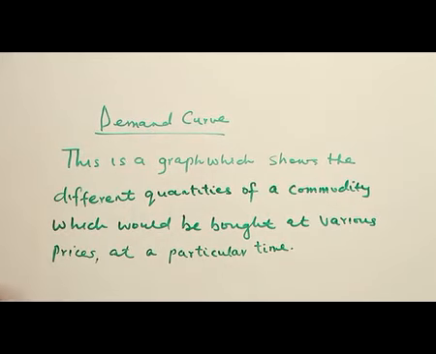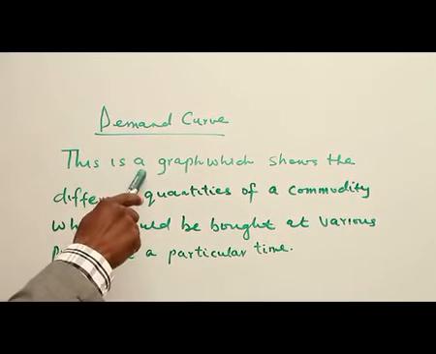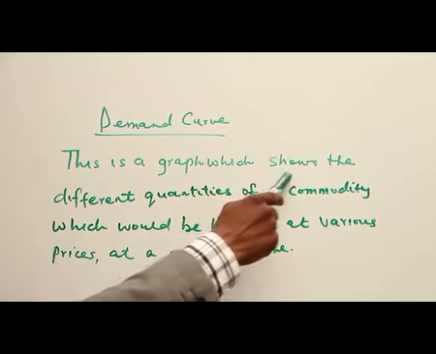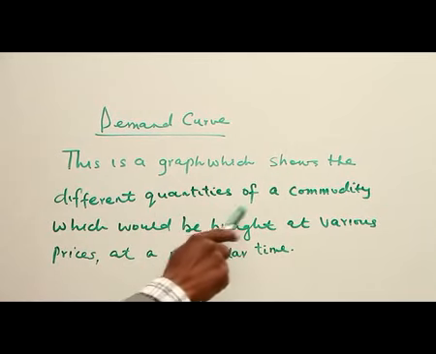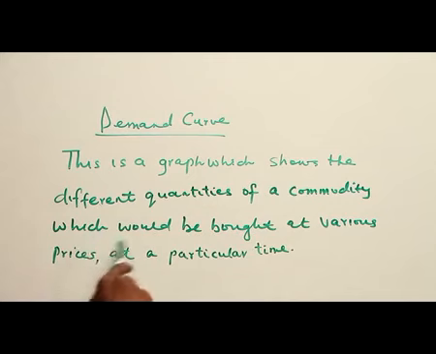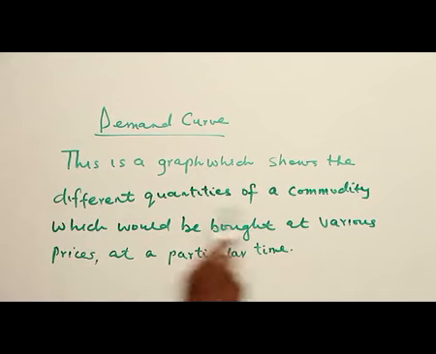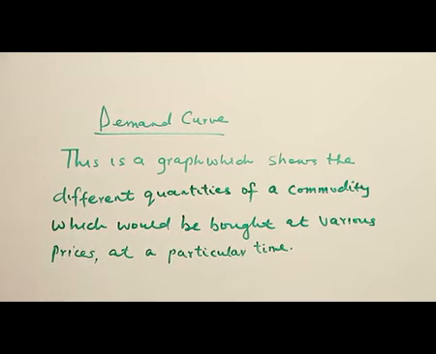Demand curve. This is a graph which shows the different quantity of a commodity which will be bought at various prices at a particular time. The demand curve happens to be the translation of schedule into curve.